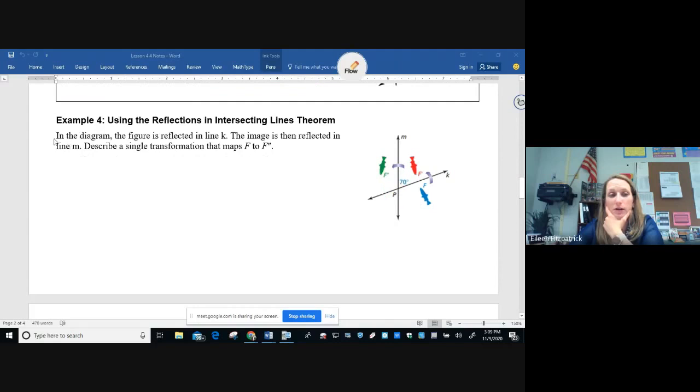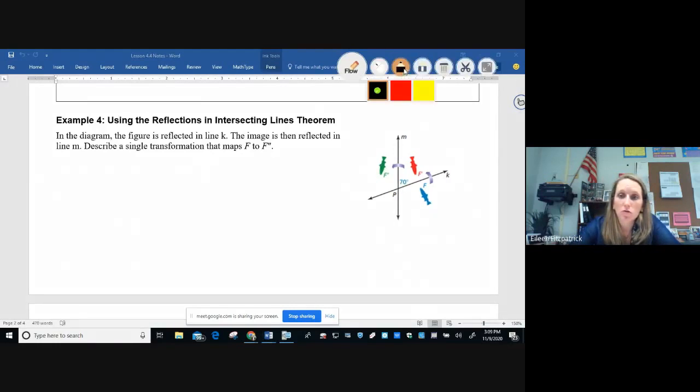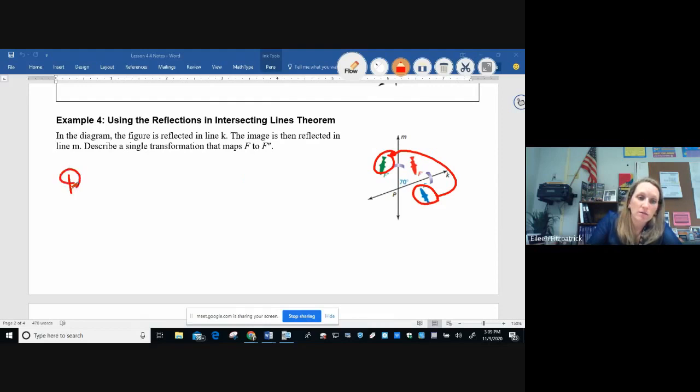In this next example, it says in the diagram, the figure is reflected in line K. The image is then reflected in line M. Describe a single transformation that maps F onto F double prime. Again, it looks like a fish or a shark of some sort. We'll call it a shark. If the shark is reflected over line K, and then that one is reflected over line M, then what it really is from the original to the new is a rotation.